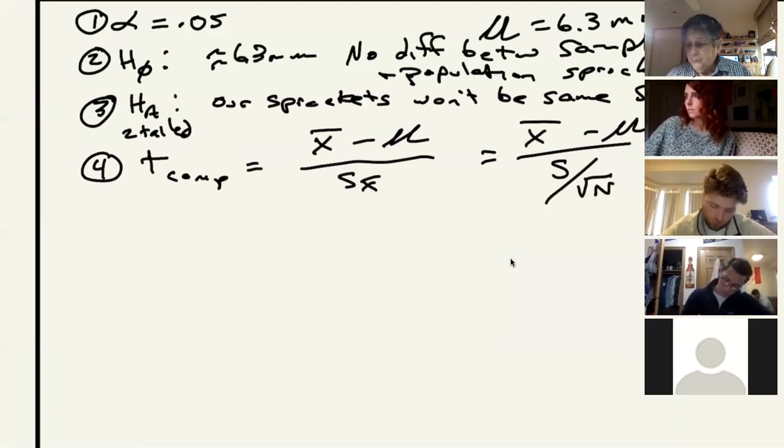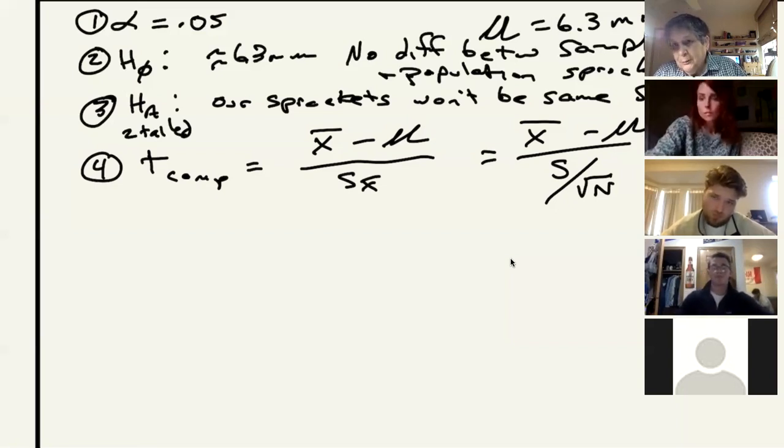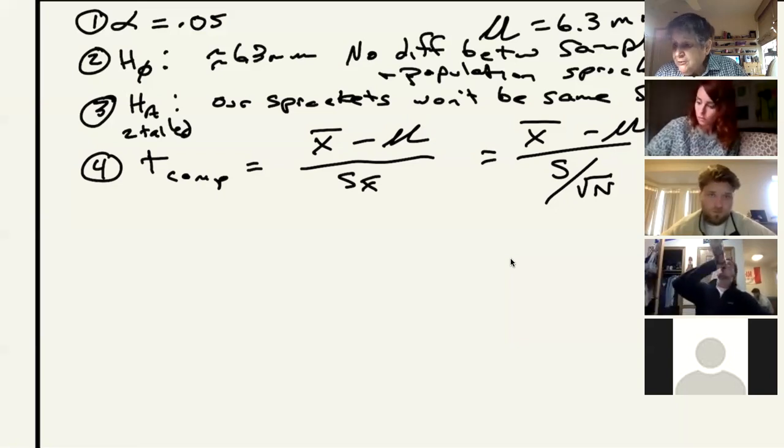And one last thing, notice that the denominator of the denominator is n. It's the square root of n, but it's the same thing. The higher that number is, the larger the ultimate number will be. If this n is 30, we're going to get a larger t value, t comp for computed, than if this n was 10.